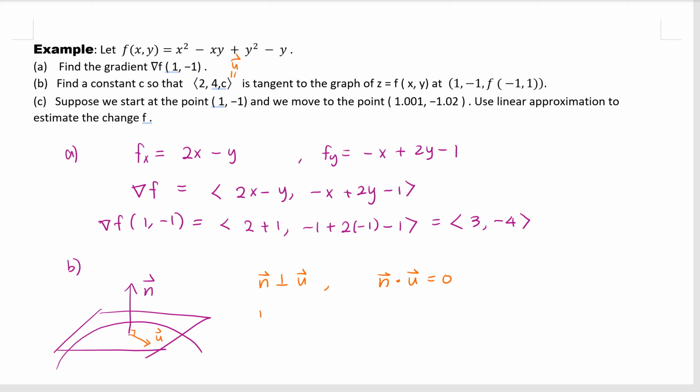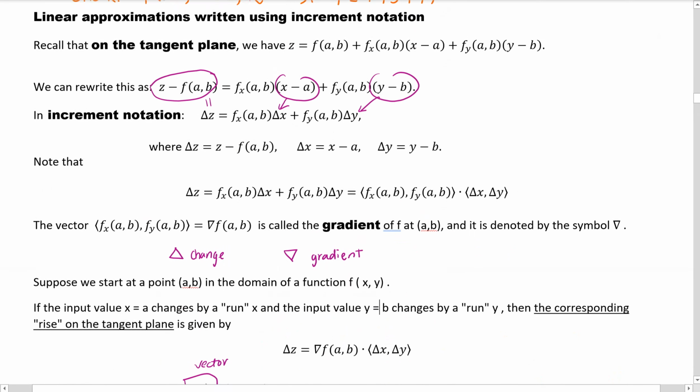And u equals (2, 4, c). What is n? Remember that n equals (minus f_x, minus f_y, 1). Why is that? Let's go back to our notes.